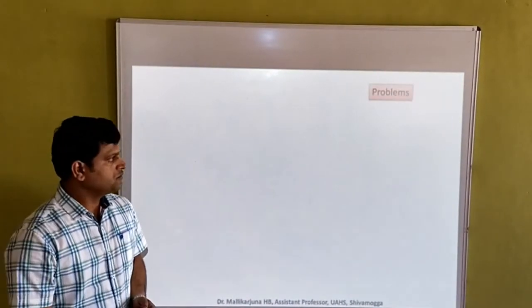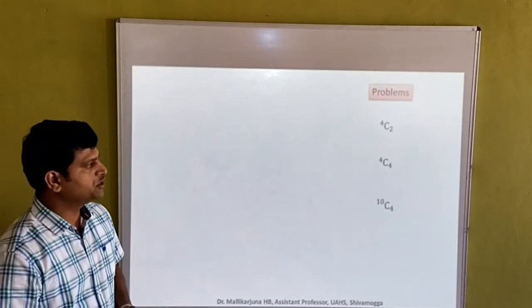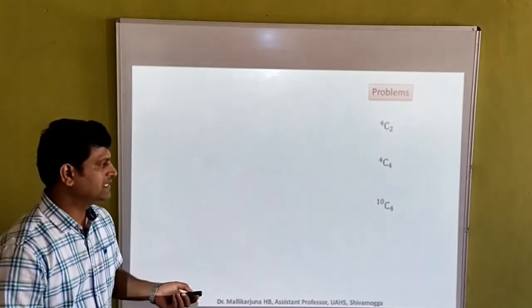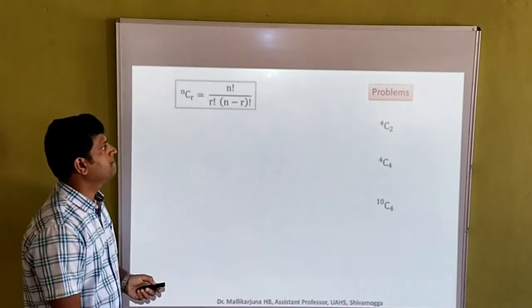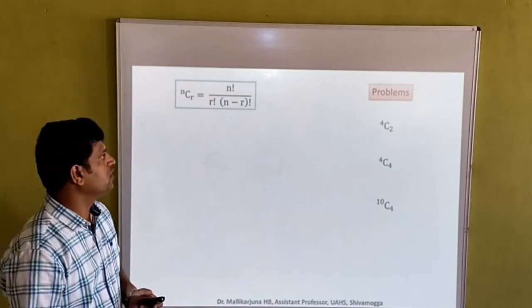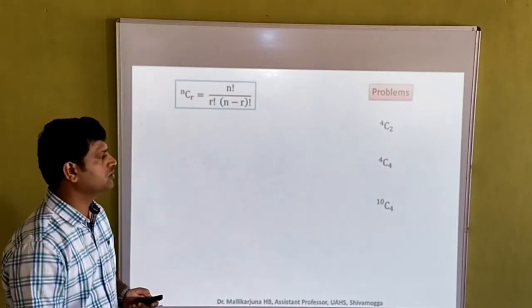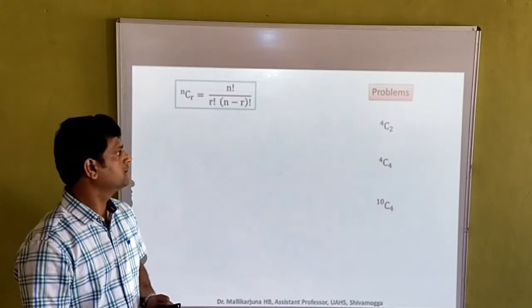Take problems. Find out 4C2, 4C4, 10C4. From the formula, nCr is equal to n factorial divided by r factorial times (n minus r) factorial.